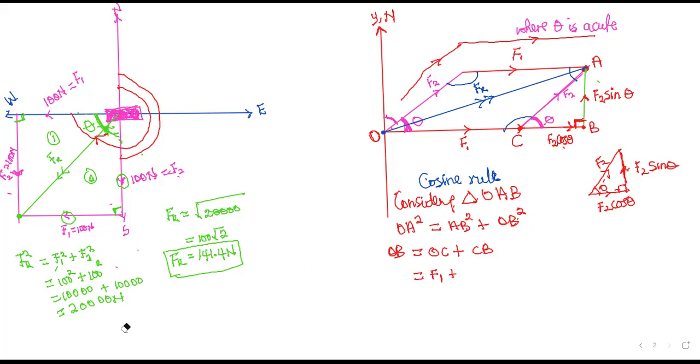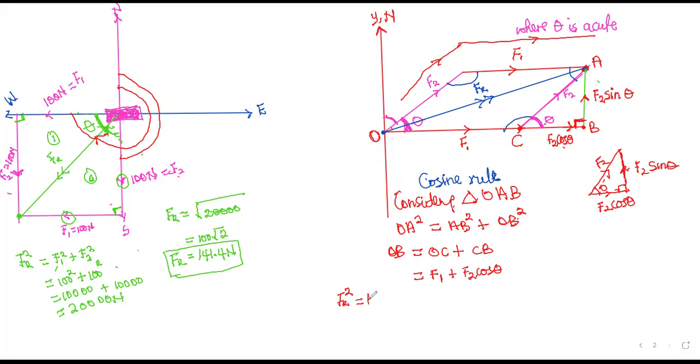Yes, sir. Okay, so it means that OB is now F1 plus CB, which is F2 cos theta. Okay, so let's substitute whatever we've had for our values in OA, which is the resultant F. F resultant squared is equal to AB.